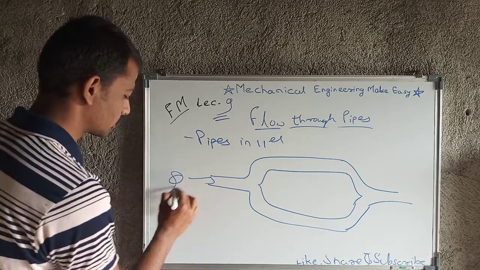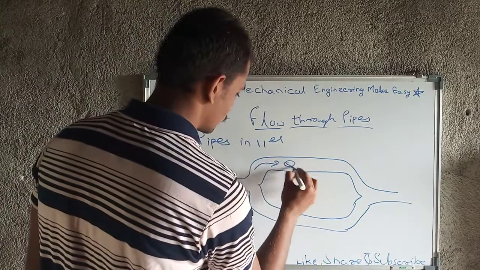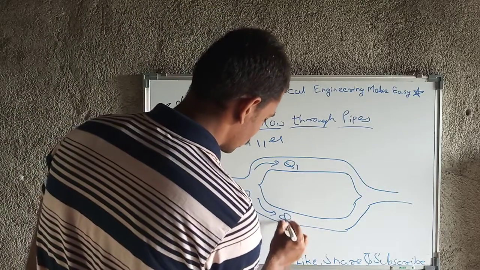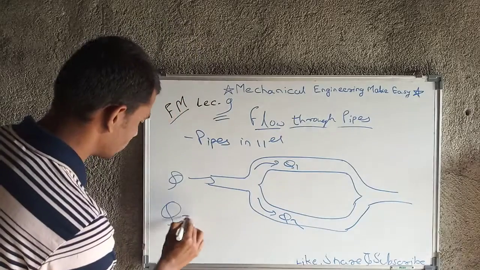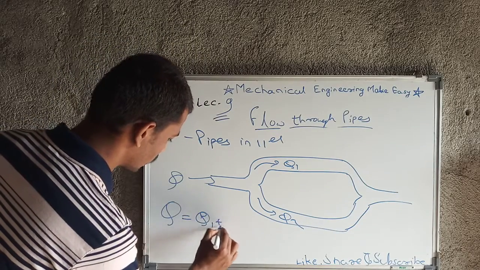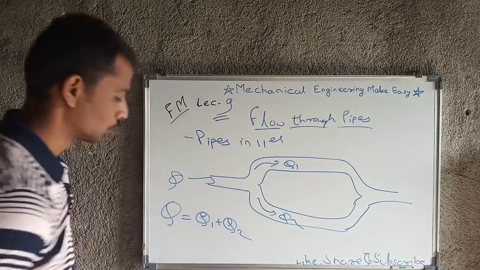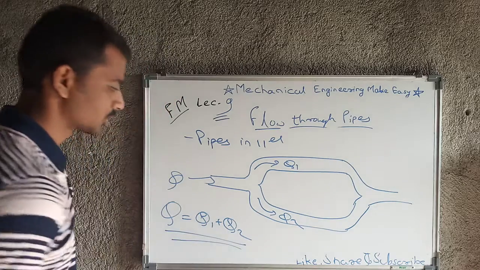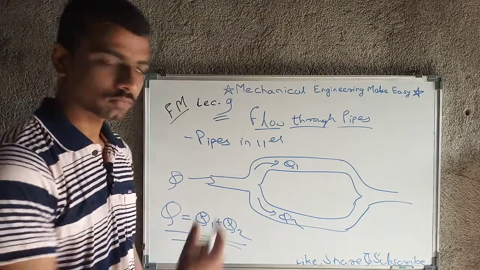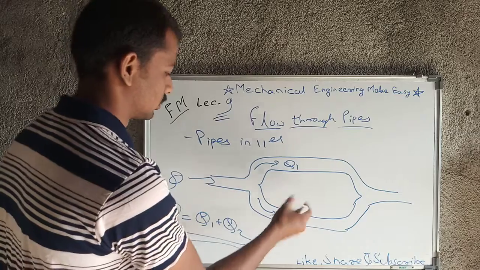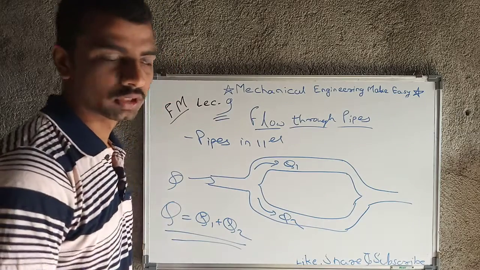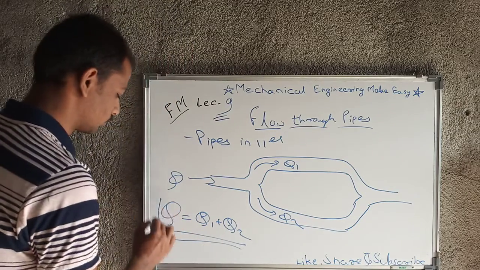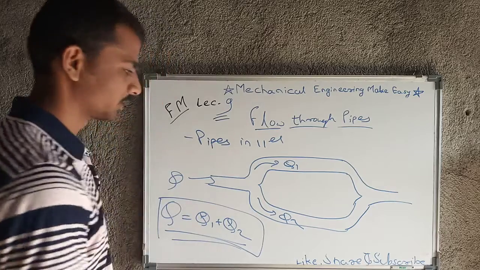Discharge here is Q, here is Q1, and here is Q2. So Q equals Q1 plus Q2. Here discharge is not remaining constant; discharge is different in both branches. This is the only difference between pipes in series and pipes in parallel.